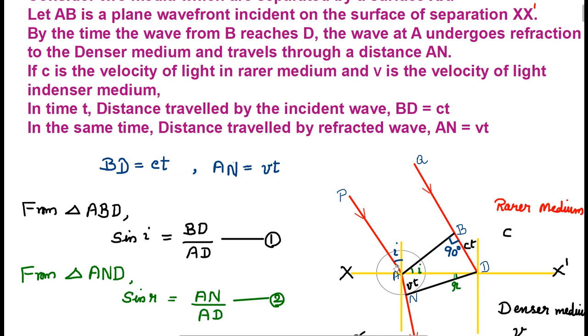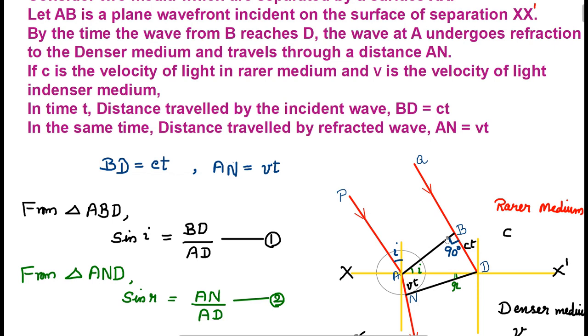PA and QBD are the paths of any two of the parallel waves reaching the surface. AB is the plane wavefront which is incident on the surface at angle of incidence i.